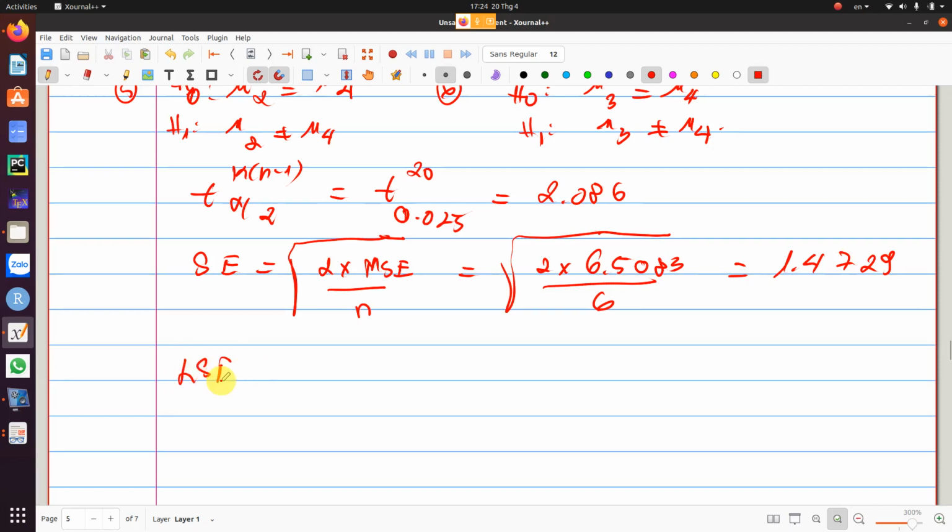So LSD equals SE multiplied by t with k(n-1) at alpha over 2. What is this value?